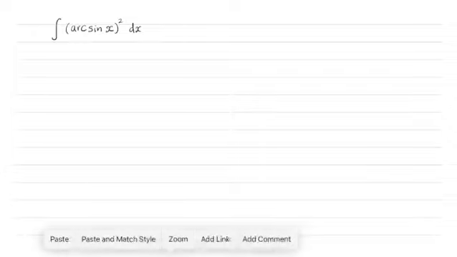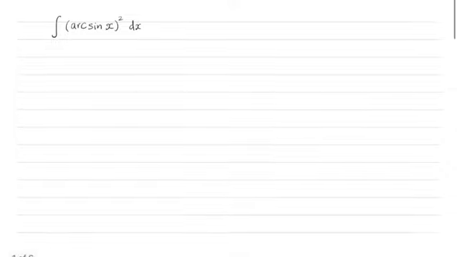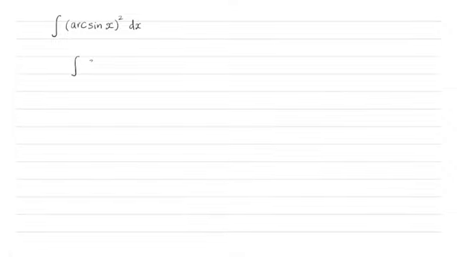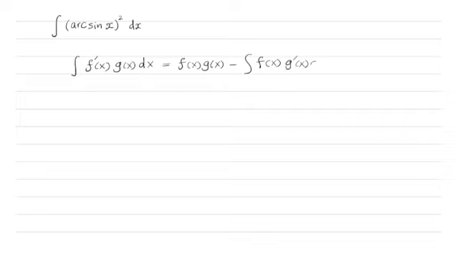So integration by parts says that the integral of f prime of x, g of x, dx equals f of x times g of x minus the integral of f of x times g prime of x dx. You can also write this as the integral of u dv equals uv minus the integral of v du.